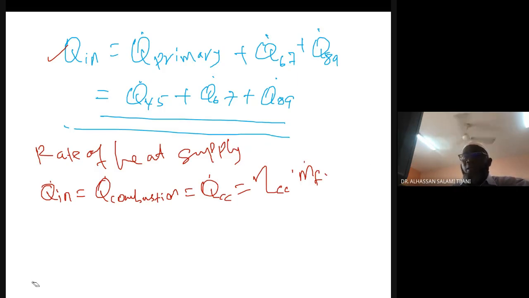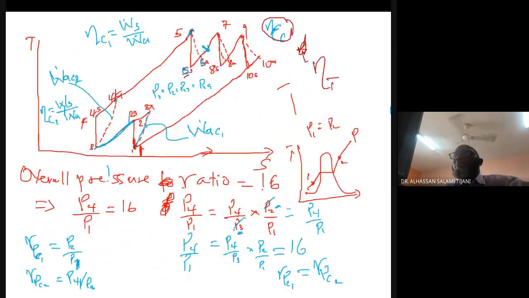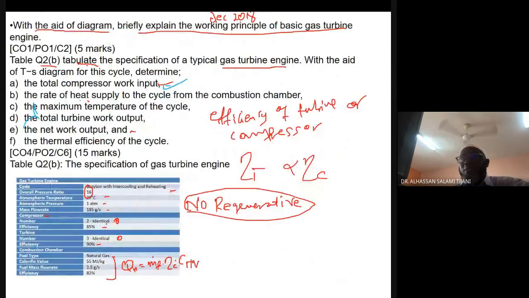So this is one way in which we can determine the work or the heat input to the system. As far as Q in is concerned, we know the combustion efficiency, which is given as 82%, and the mass flow rate of the fuel is given.